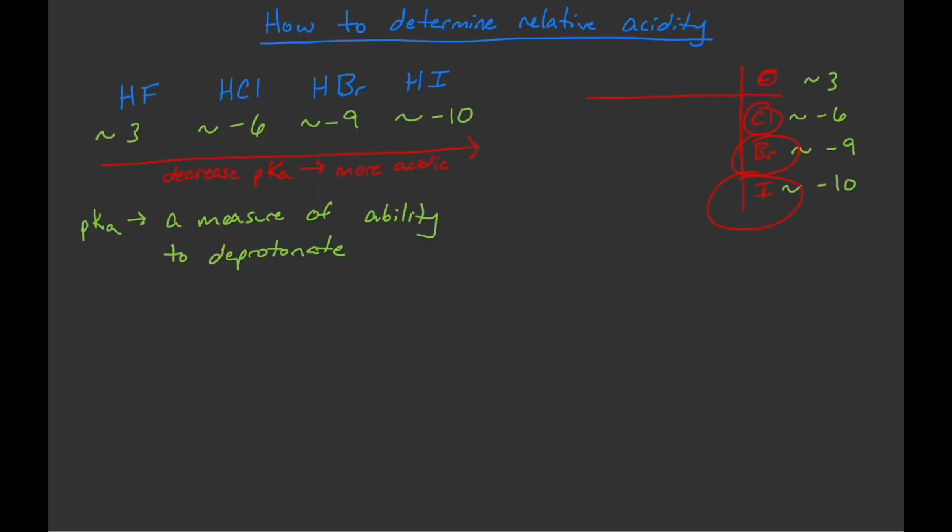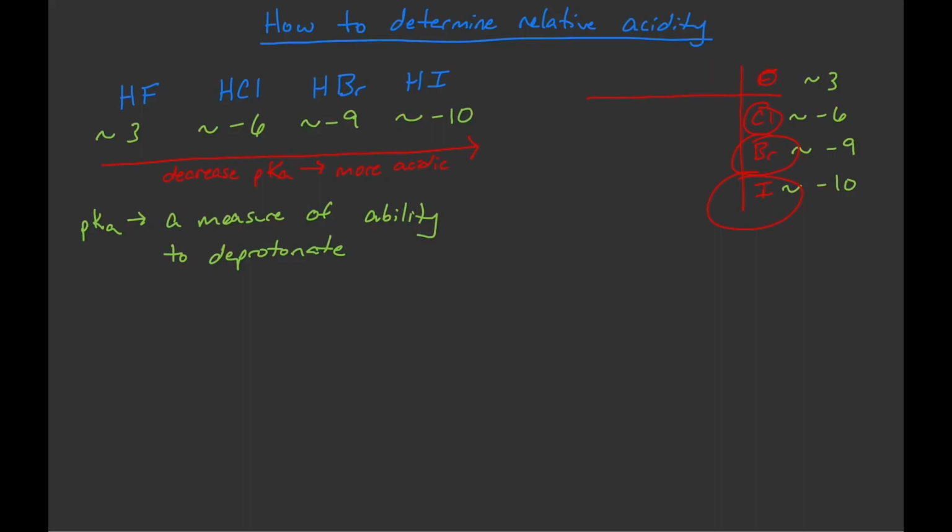And in addition, we want to look at the relative electronegativity. However, all the halogens, although fluorine is the most electronegative, are extremely electronegative. So here we divert to looking at the atomic size, and we can say the larger the atom, the lower the pKa is, the more acidic that compound is going to be.